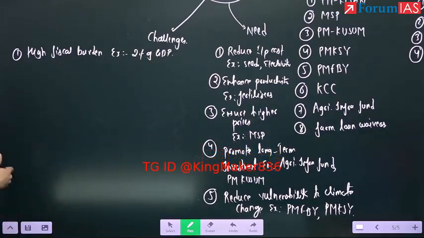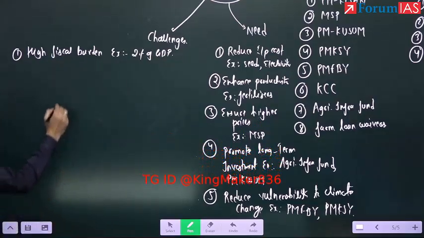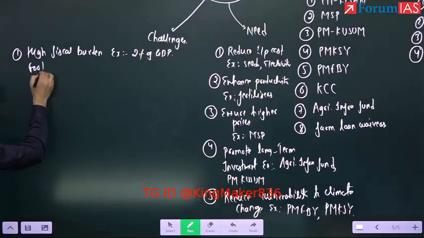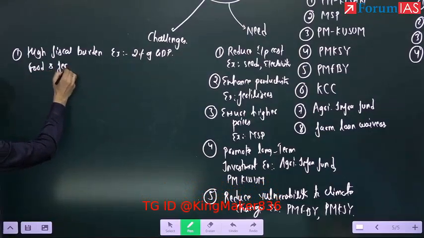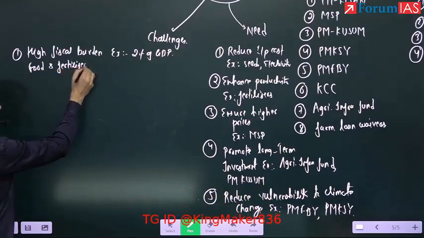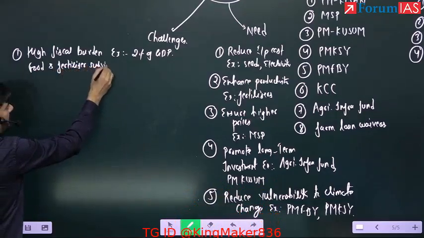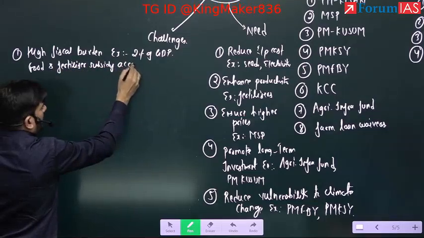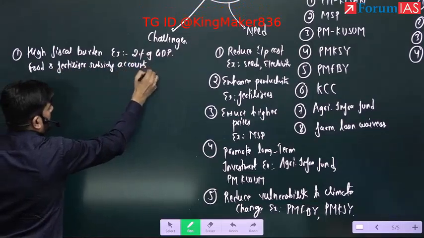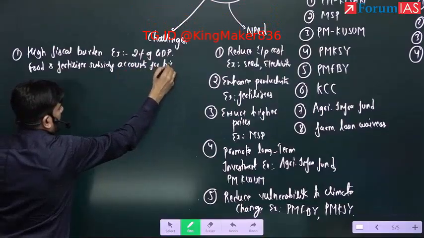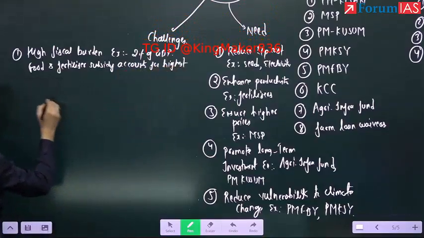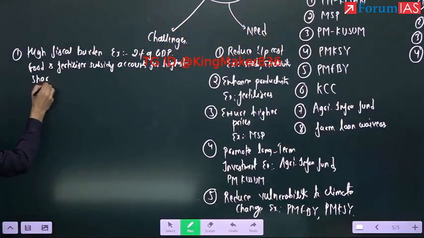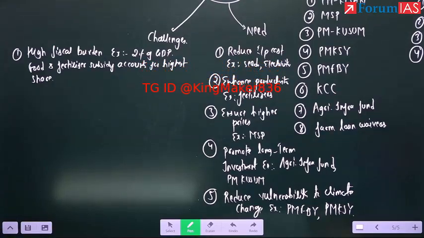And you could actually give some examples also. यहाँ पे, for example, if you see food and fertilizer subsidy, food and fertilizer subsidy accounts for the highest share of subsidies in India. Among all the subsidies, the two highest are food and fertilizer.